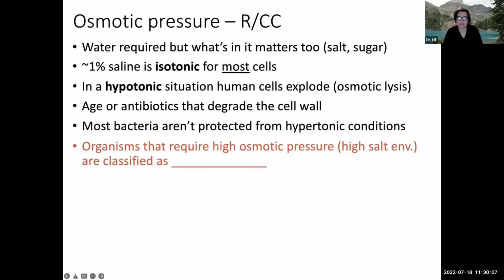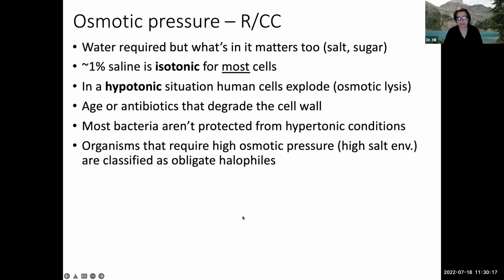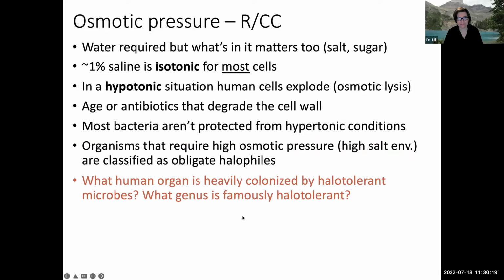So loving salt, halo is a word that means salt. Halo, halogen from chemistry. Halophile, salt loving, and because they require it, they're called obligate halophiles. Obligate halophiles. Now, there are also organisms that are halotolerant.